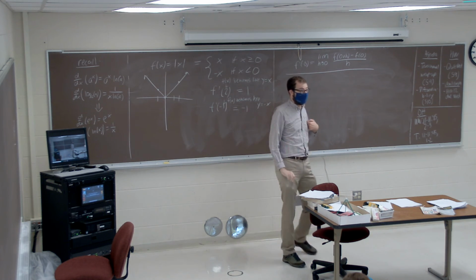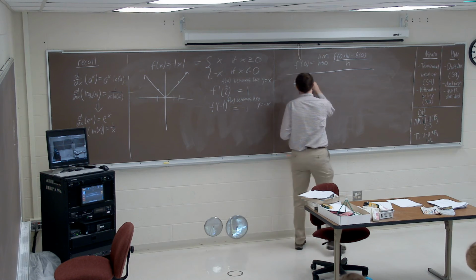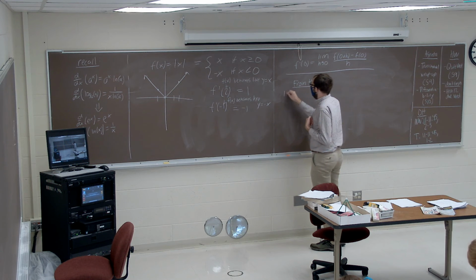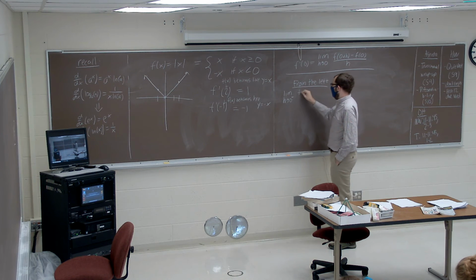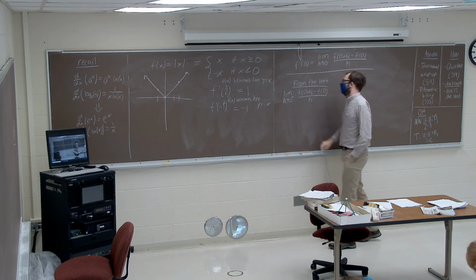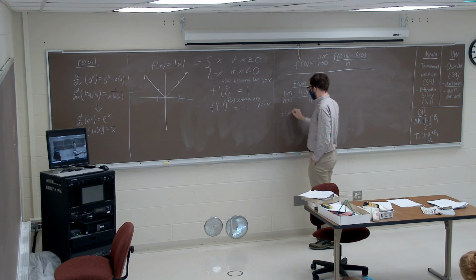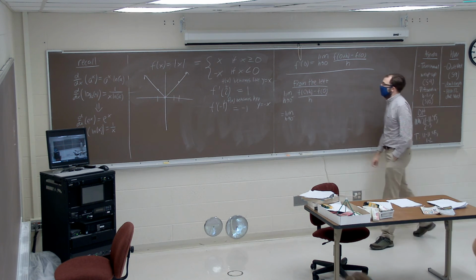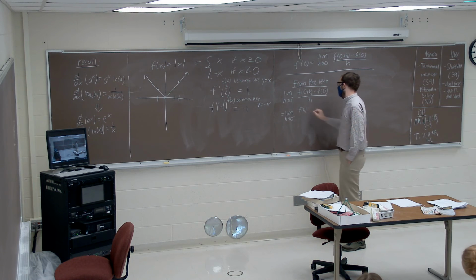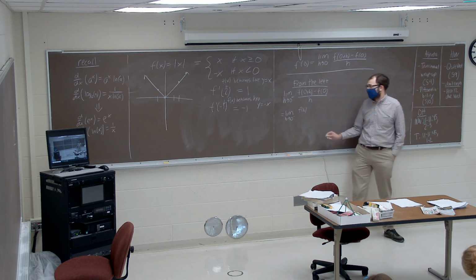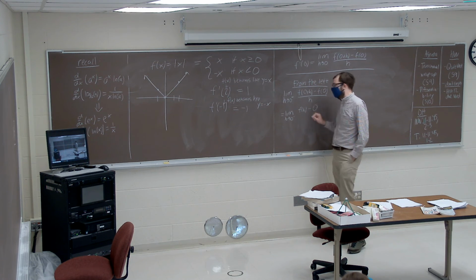Since it was your suggestion, do you want to start with the left or right side? Left. Okay, so if we start from the left, we're going to be taking a limit as h goes to 0 from the negative side of f of 0 plus h minus f of 0, all over h, which I think is going to be a limit as h goes to 0 from the left of whatever f of h is. f of 0, you all said earlier, is just 0.